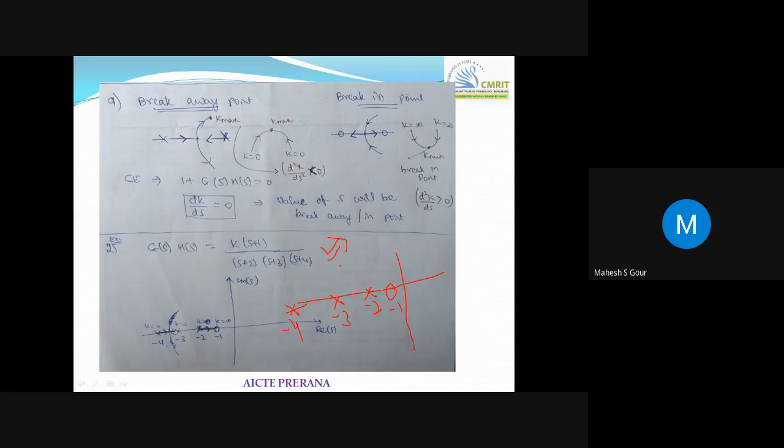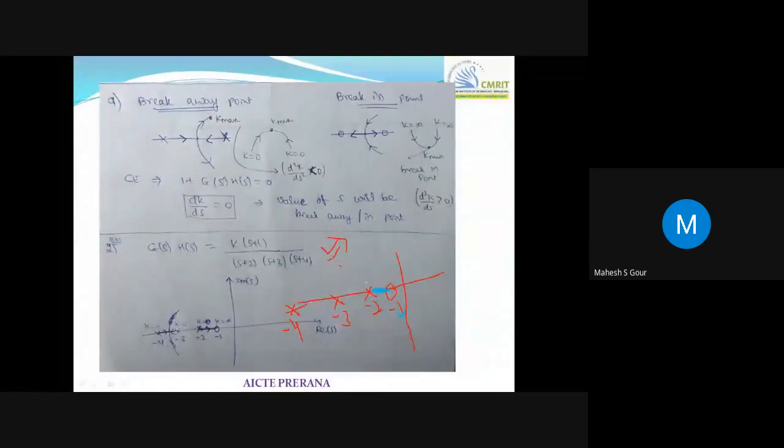When I check in between -2 and -1, you can see that one zero is present on the right side of this area. So here root locus is present because 1 is an odd number.